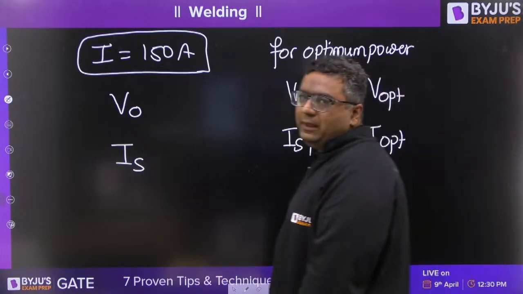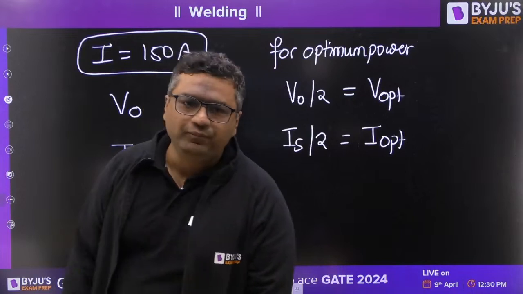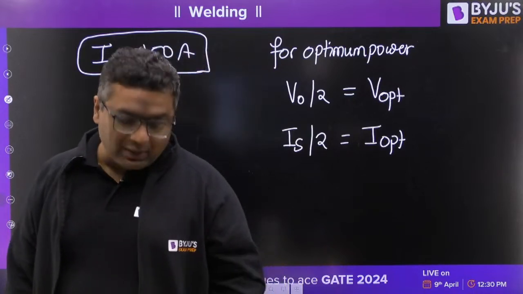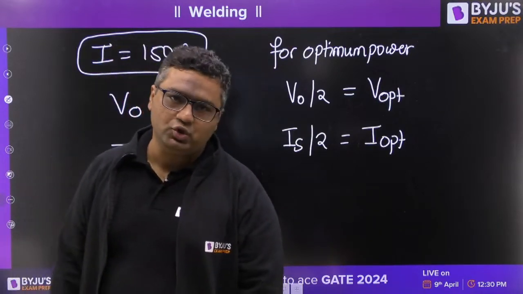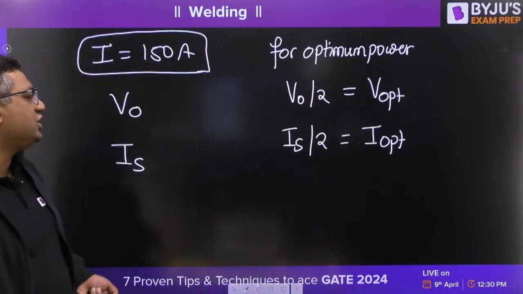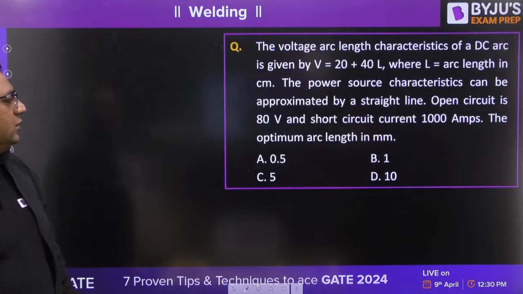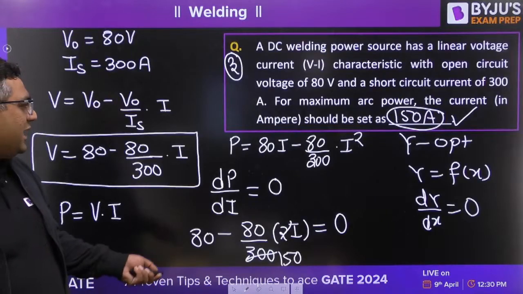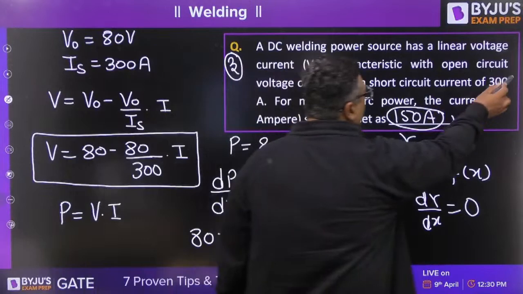So you can directly answer like this as well. From now onward you need not solve this question, you can directly answer it, because by differentiation you will get this. So in this question, the answer is 300 by 2.